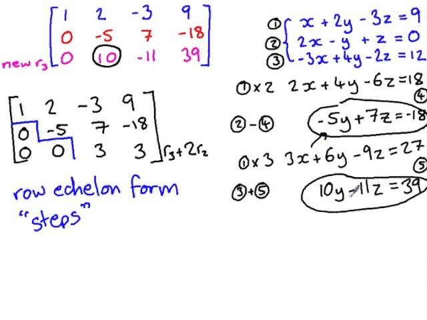I'll replicate that move over with the equations and then explain where to proceed from here. So we've doubled row 2. Now row 2 in the matrix is the equation over here with the -5y plus 7z is -18. So if I double that, I get -10y plus 14z equals -36.